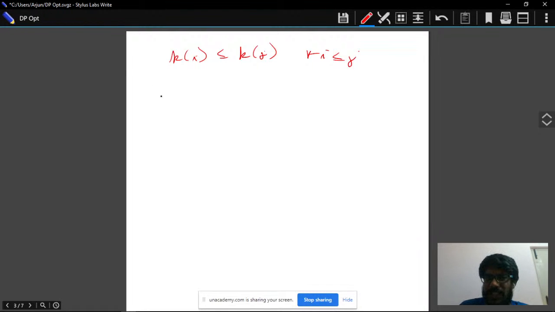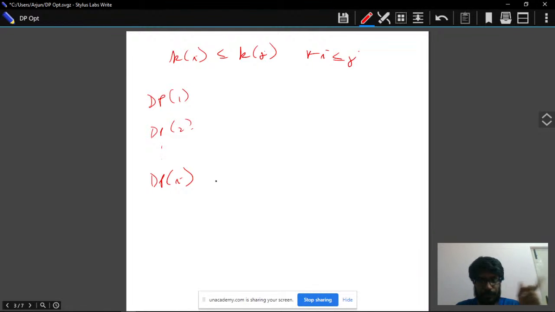That optimization is basically when I'm computing dp of 1, then dp of 2, and so on. Say I've computed till dp of i. When I computed dp of i, I went through everything from 1 to i minus 1 for j and found the maximum value of dp of i. And when I found that, I would have found k of i. So basically I'll know where I have to cut so as to get the maximum.